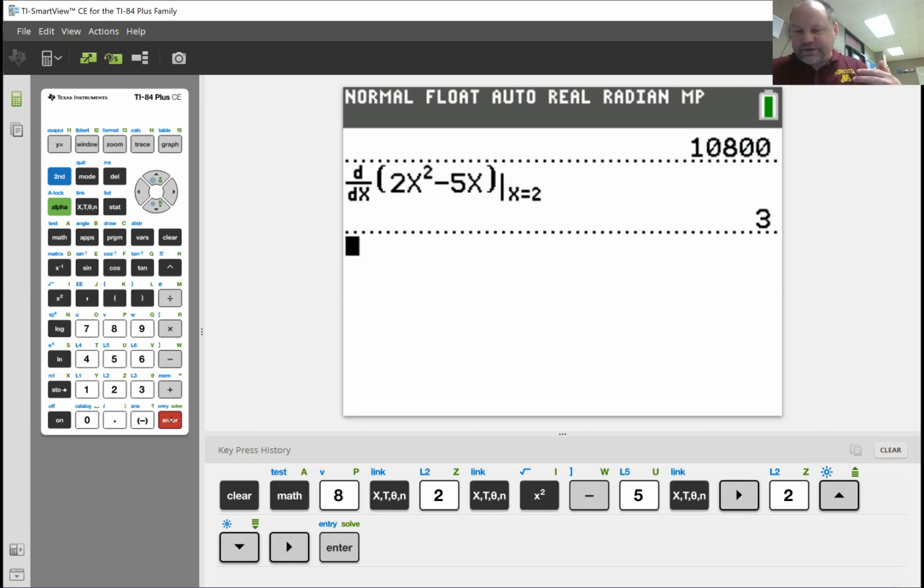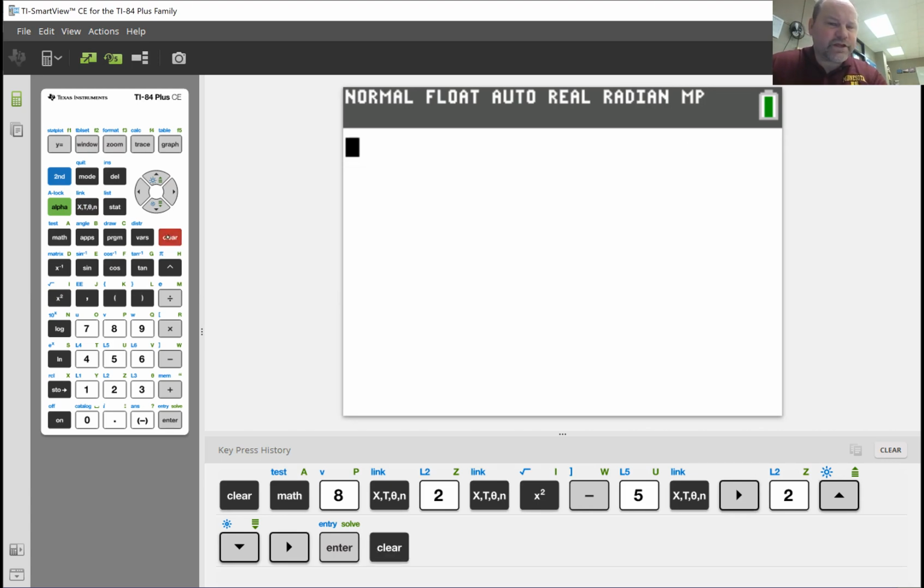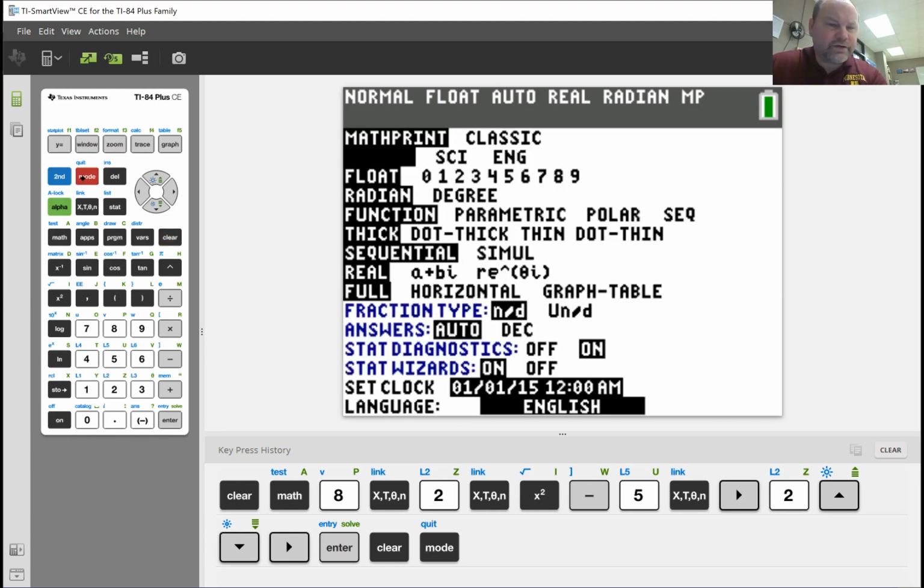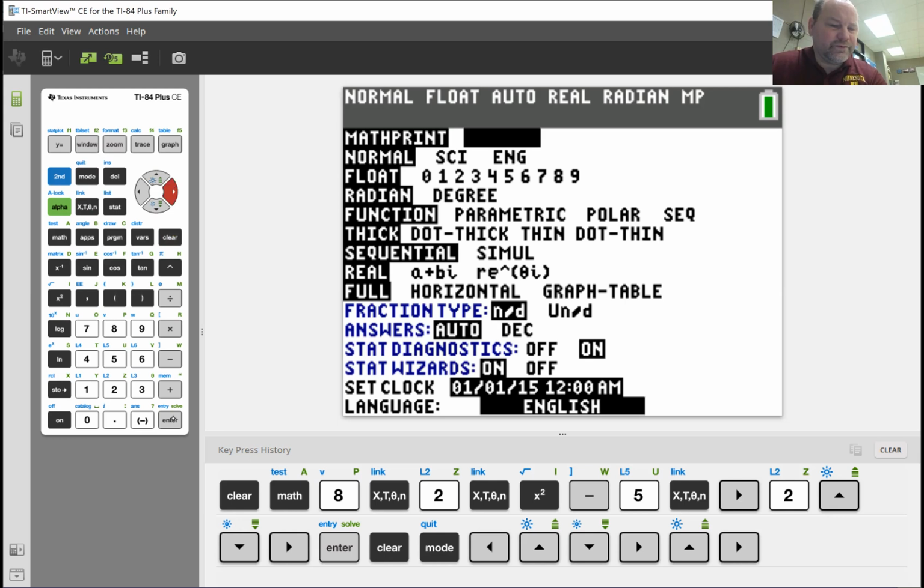Now, if you have an 83 Plus or an older Texas Instruments calculator, it won't look like that. So I'm going to go here and go to classic. There we go.